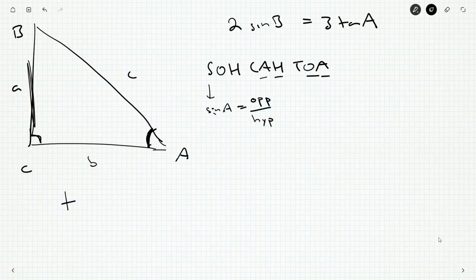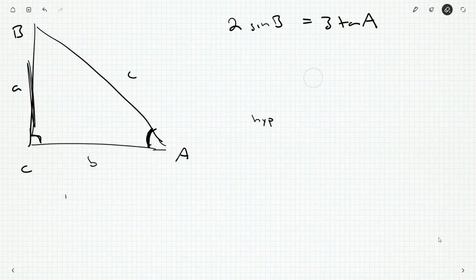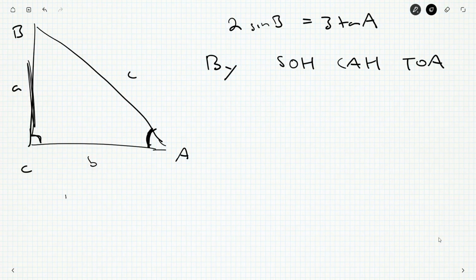This is a write-up question, so let's start writing this up. By SOHCAHTOA, tan of A is opposite, little a, over adjacent, little b. And sine B is opposite, little b, over hypotenuse c.